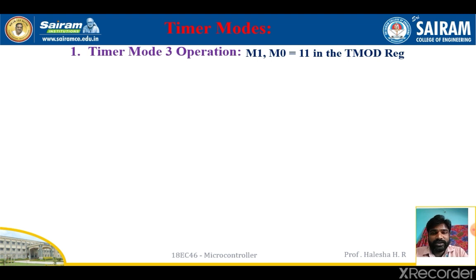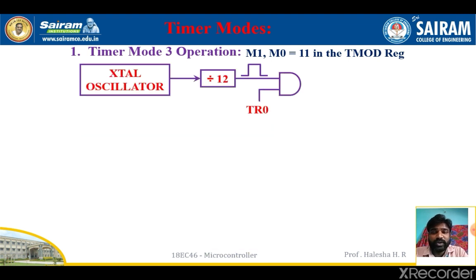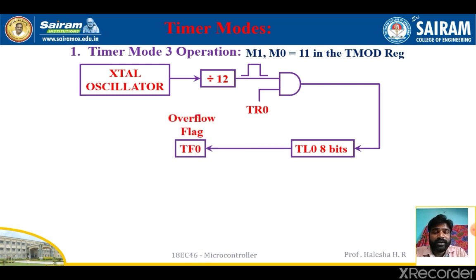For TL0 we use the control bits of timer 0. TR0 is used to turn it on or off, and TL0 is the timer. Whenever it reaches the maximum, timer flag 0 will be set to 1 and the corresponding interrupt will occur.